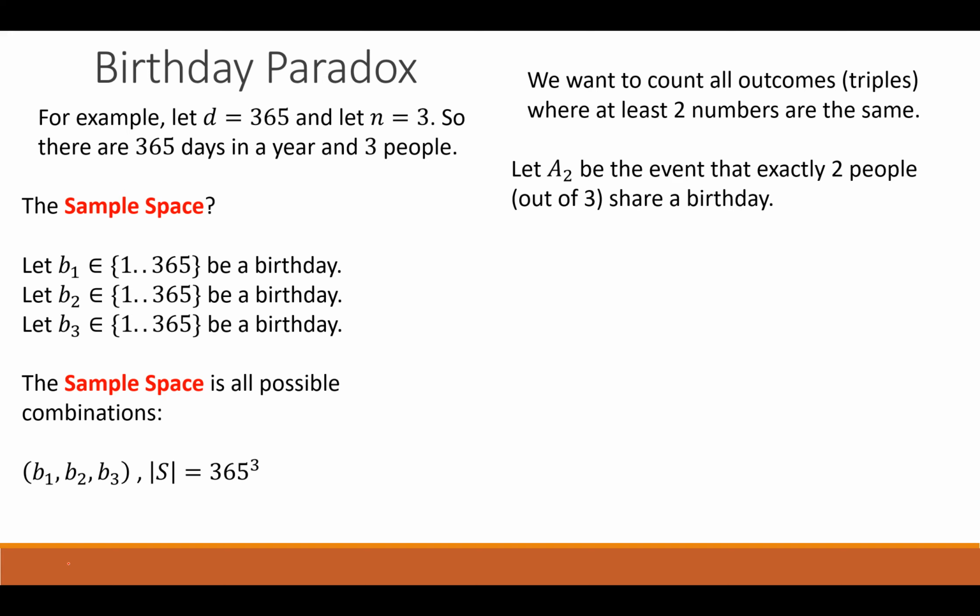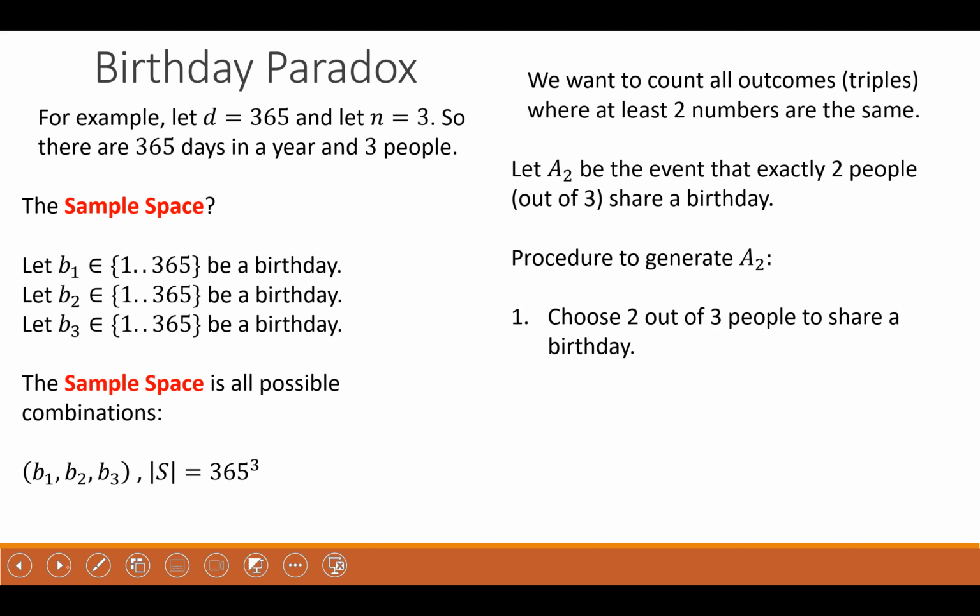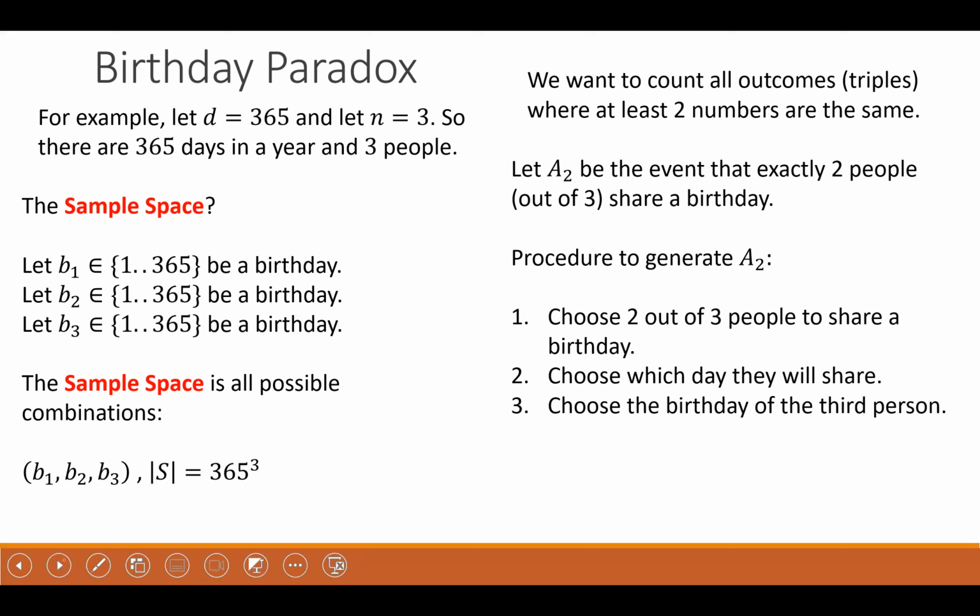So maybe they're both born on January 1st, so that's one choice. The other choice is which two out of the three are born on January 1st, right? So I can use the product rule here to count the number of outcomes with exactly two people sharing the same birthday. So I choose two out of the three people. It doesn't matter which order I do it in, and I choose which day that they share. So 3 choose 2, which is actually 3.